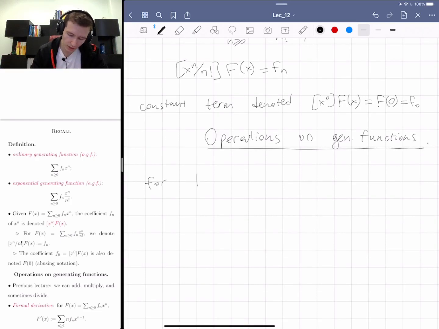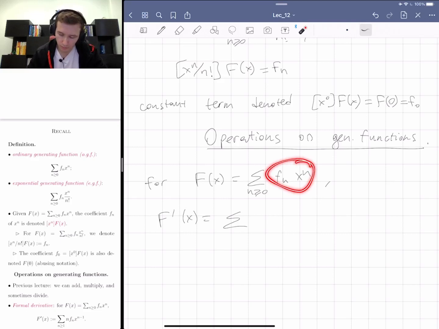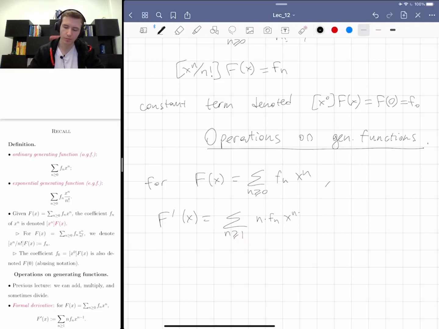So for f of x, the sum, if you have a formal power series like this, the derivative f prime of x is just by definition, I differentiate term by term: the sum of n times f sub n, where n goes now from 1 up to infinity, x to the n minus 1.